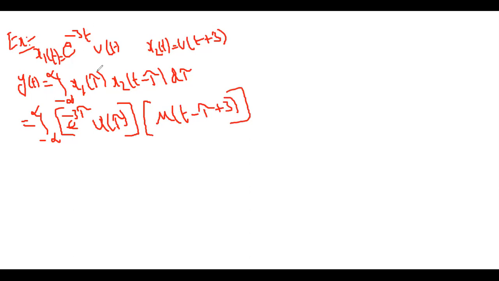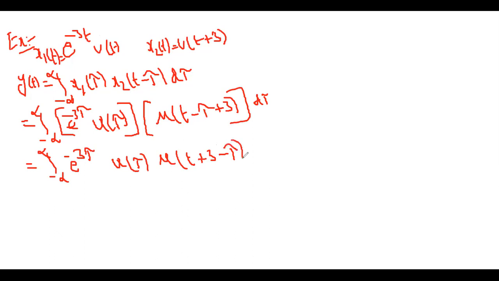So replace the t with tau in x1, and replace the t with t minus tau in x2. Now the integral from minus infinity to infinity of e power minus 3 tau u of tau and u of t plus 3 minus tau, d tau.